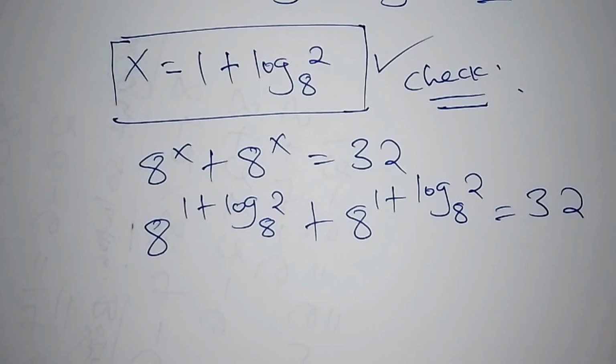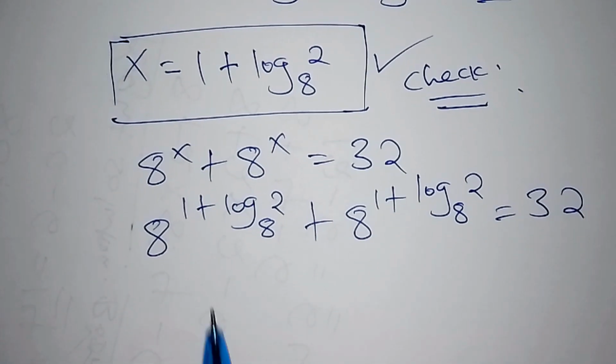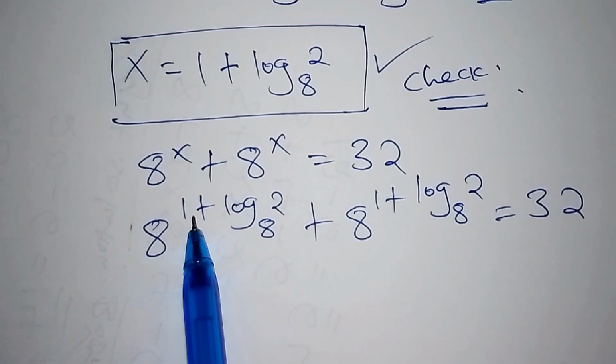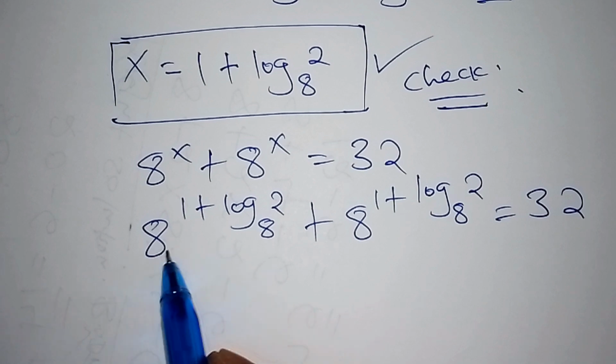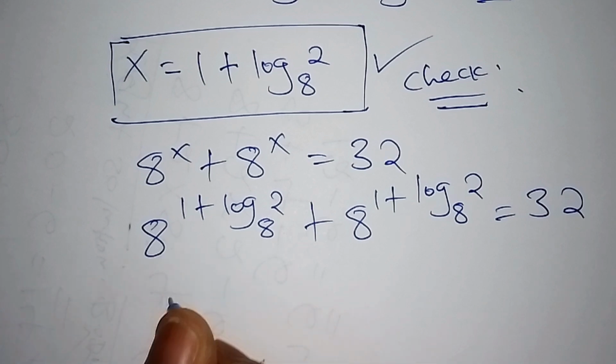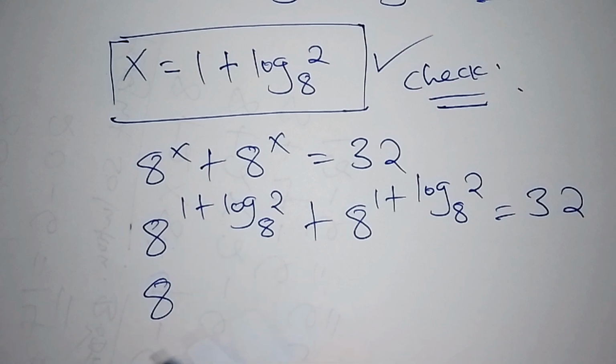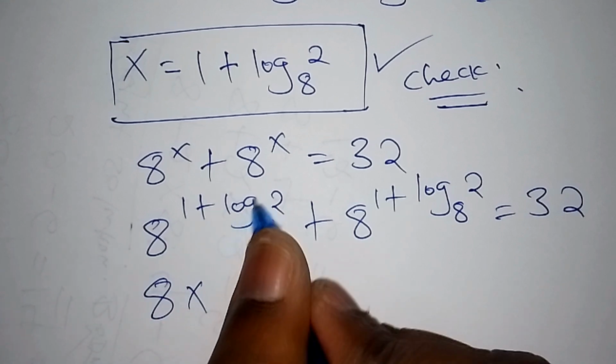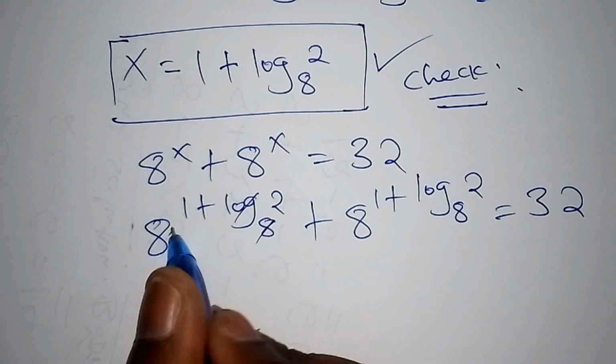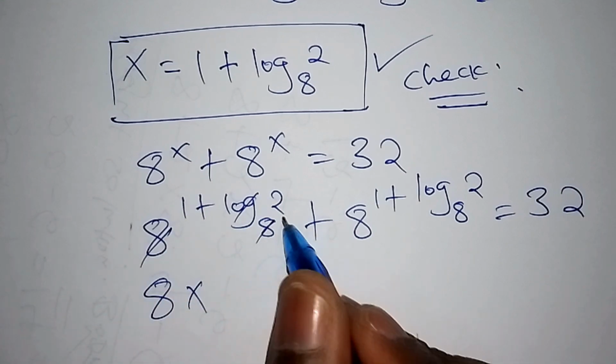So how do we go about this? Now we have 8 to the power of 1, which is the same as 8. The addition in the exponent changes to multiplication, so the log to the base 8 cancels with this 8. Now we remain with 2.